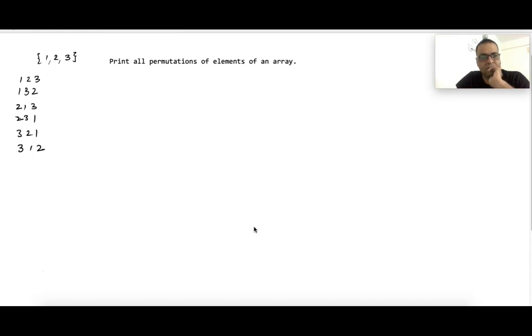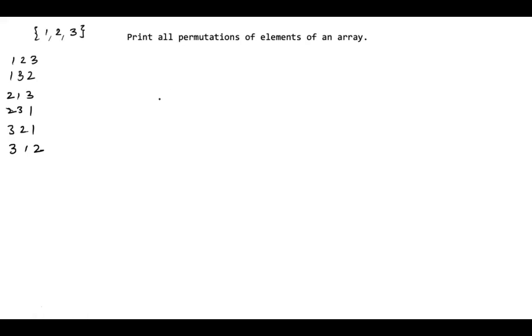One way is that we take each element, take one element as fixed and print the permutation of the rest of them. So we fix 1 at the first position, and then we print permutations of two elements 2 and 3.